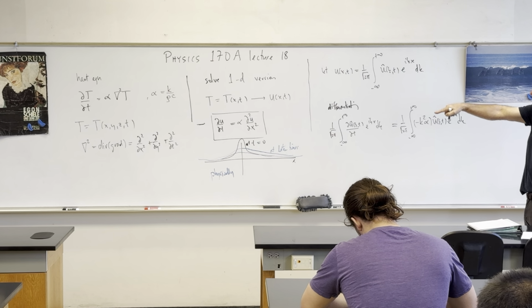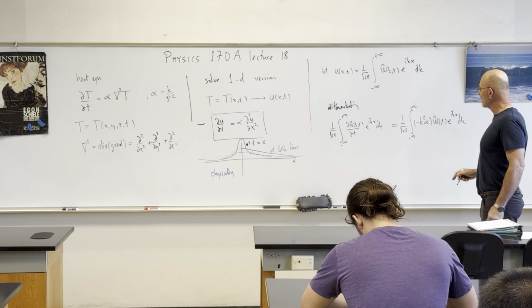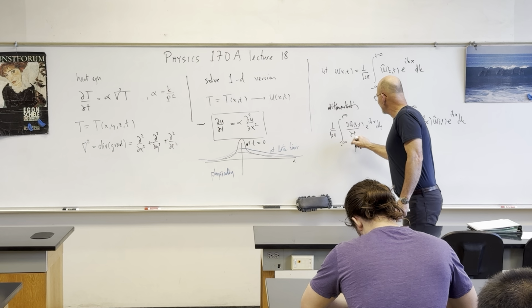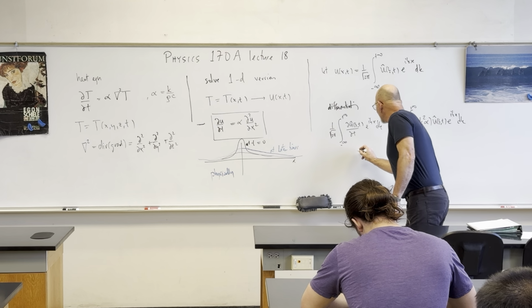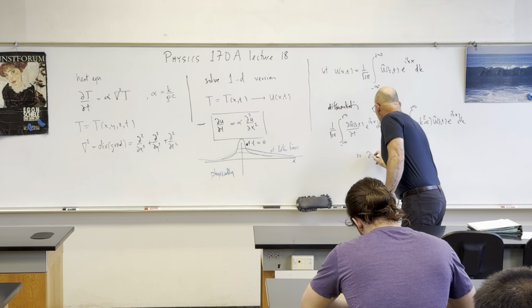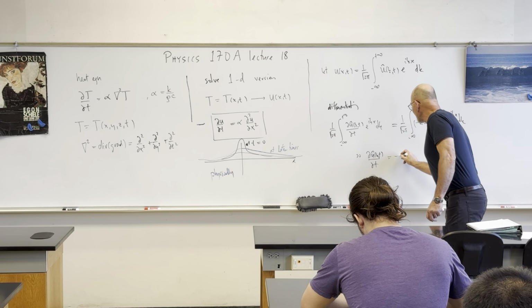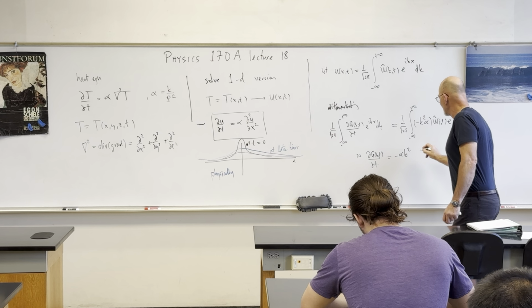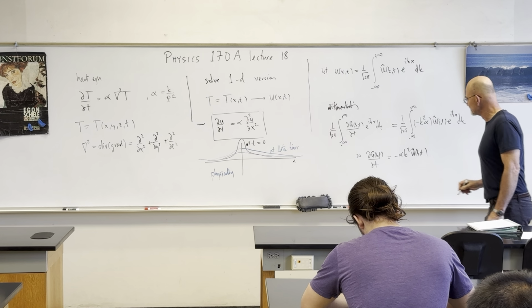So we did explicit time, we did alpha d squared u dx squared over here. And we've done this once before. We're identifying the integrand. So apparently, partial of u hat of k and t with respect to time is equal to minus alpha k squared u hat of k and t.